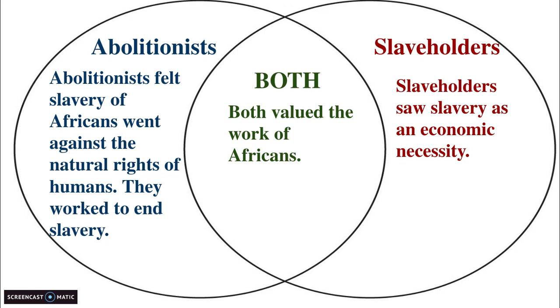Which side do you think most people from Ohio were on? If you said abolitionist, you would be correct. Most Ohioans were on that side of let's end slavery in the United States.